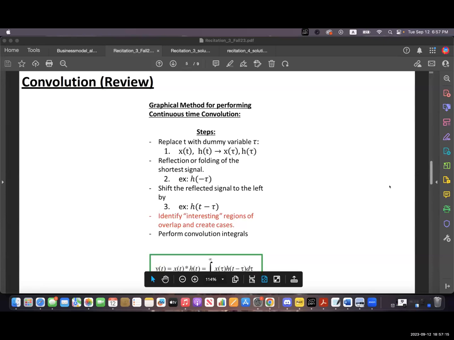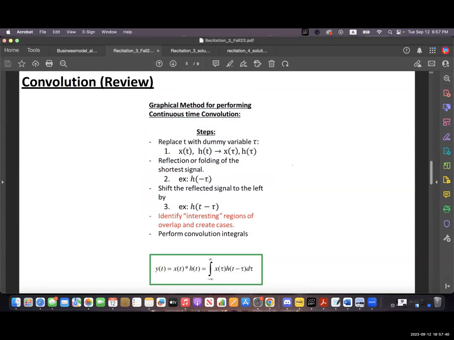Okay, so for continuous convolution, the way that we solve this is going to be similar to what we just solved recently. However, we're going to replace t with dummy variable tau. And we're going to have to do some operation on h tau here.